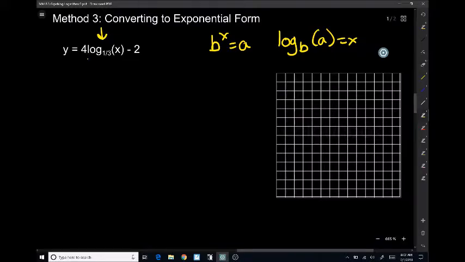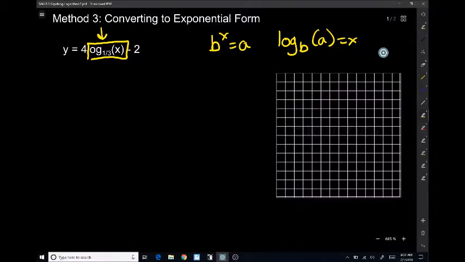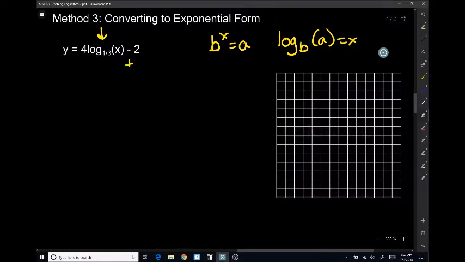So to convert to exponential form, I have to get this log by itself. So what I need to do is first get rid of the 4 multiplier and the 2 subtractor on the end. So I'm going to start by adding a 2 to both sides, which gets me y plus 2 equals 4 times the log base 1/3 of x.